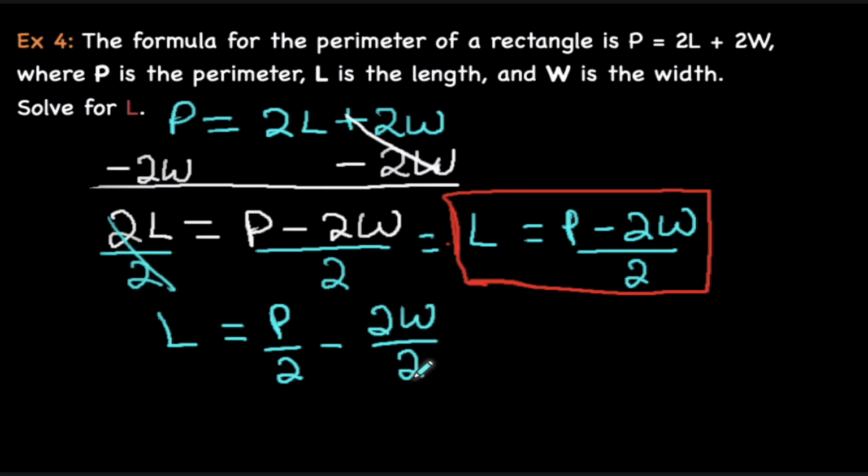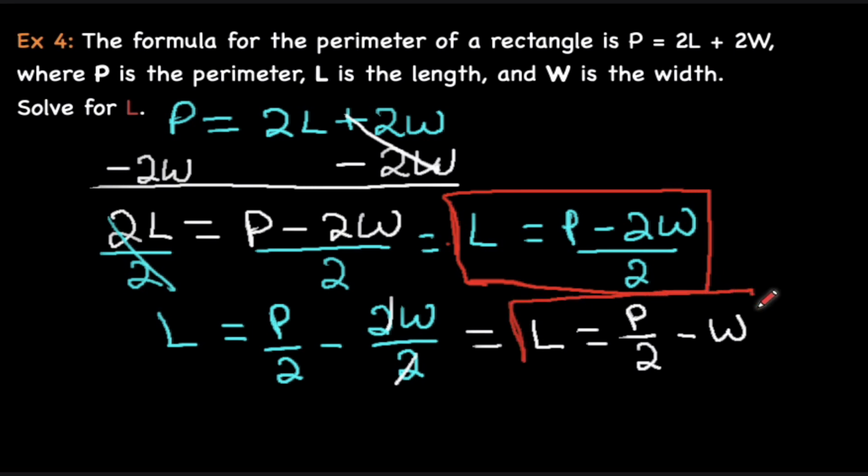So notice the 2's cancel, right? Because they're common factors. So we can cancel those out, and we are left with L is equal to P over 2 minus W. So just notice that you will see this written both ways, but I wanted you to see that just in case you see that on an exam.